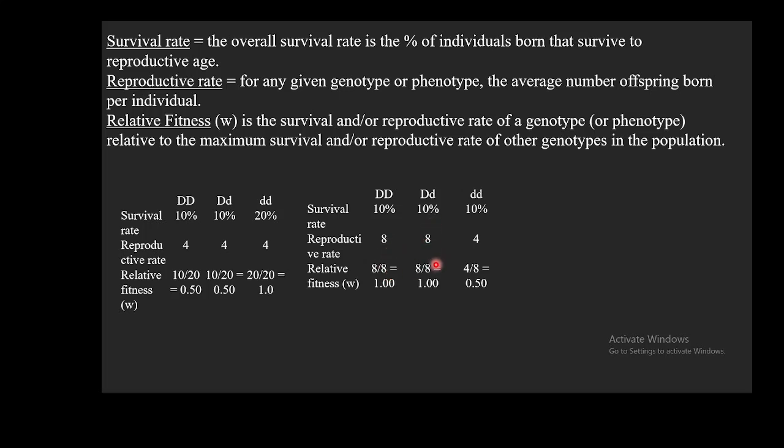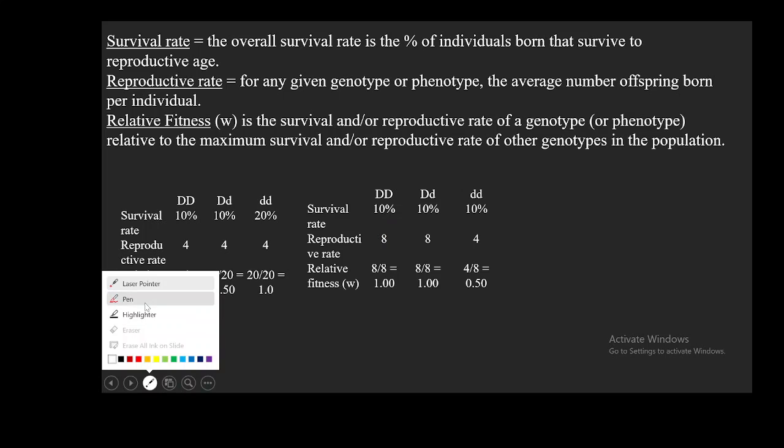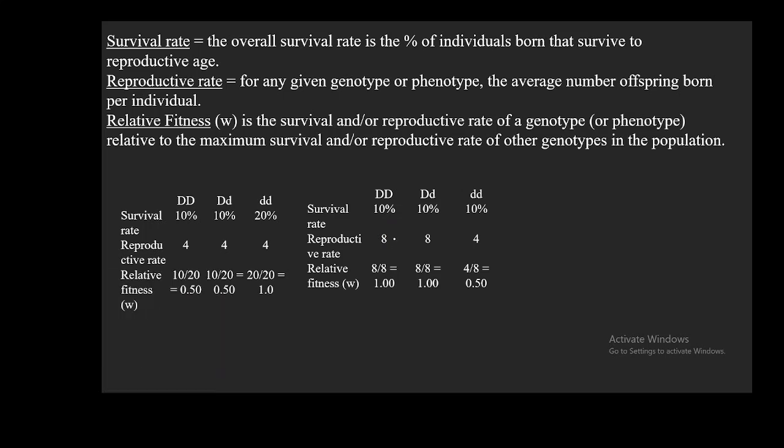Here for this genotype it is 8 by 8, or for this genotype 4 by 8. If suppose I write this value as 10 instead of 8, then I will do 10 by 10, 8 by 10 and 4 by 10.